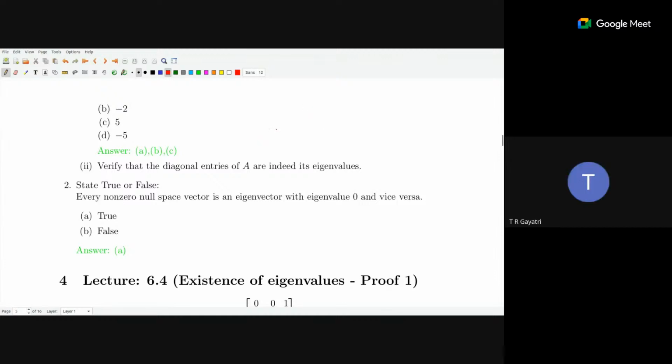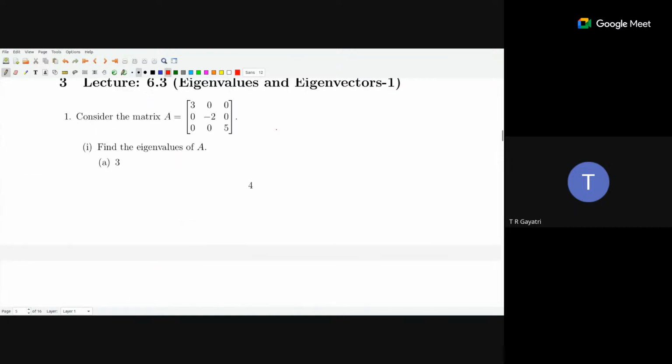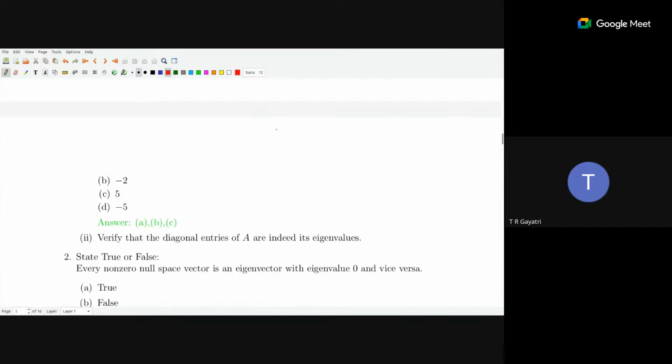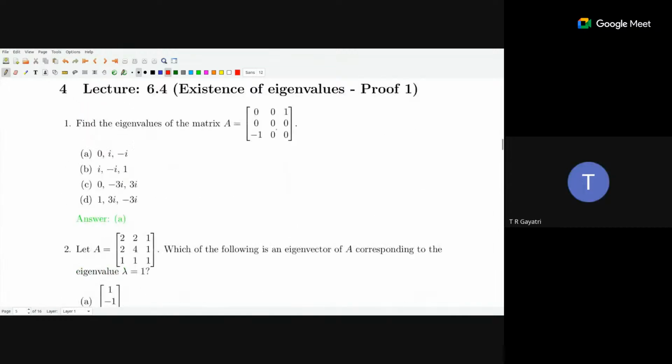Here I had a doubt. In lecture 6.4, existence of eigenvalues, proof 1 and proof 2. Proof 2 is based on determinants, correct. So we have used proof 1; how do we get the eigenvalues using proof 1?